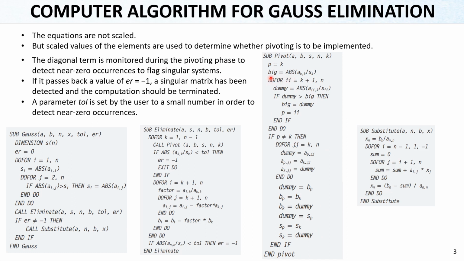Basically, we perform the division to have a normalization, then have here a dummy variable to be able to obtain the pivoting, as you can see. On the left hand side you see the Gauss function, and it has three for loops, as we said earlier in the naive Gauss elimination.